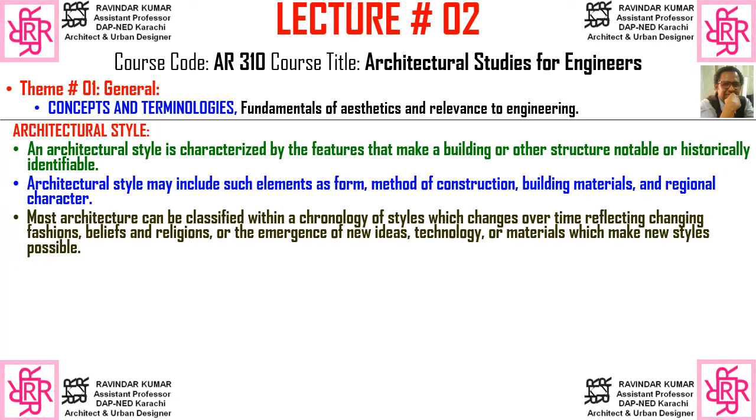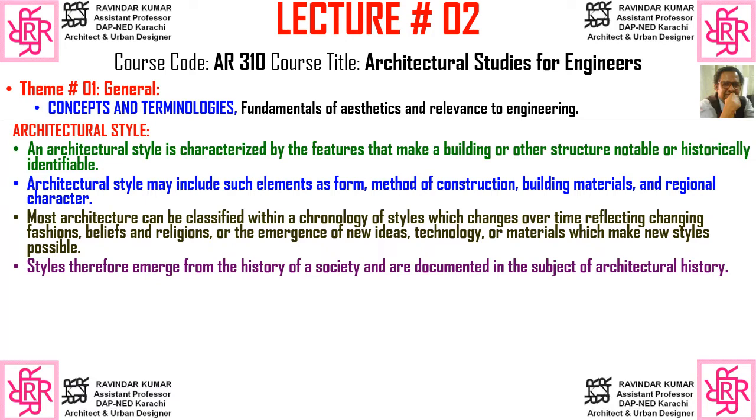Most architecture can be classified within a chronology of styles. What style a particular era has, a particular building has, and what their style is, changes over time, reflecting changing fashions, beliefs or religions, or the emergence of new ideas, technology, or materials which make new styles possible.